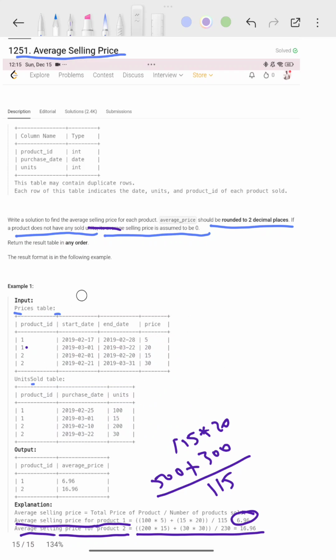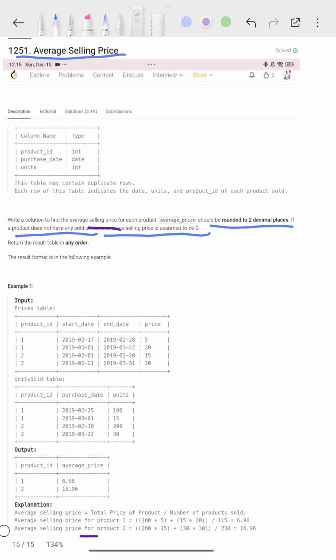The SQL query is basically very simple. You need to calculate the sum of units into price by sum of units as your average price. You have to round off, so you need to put round. We have to write sum of units into price, by sum of units.